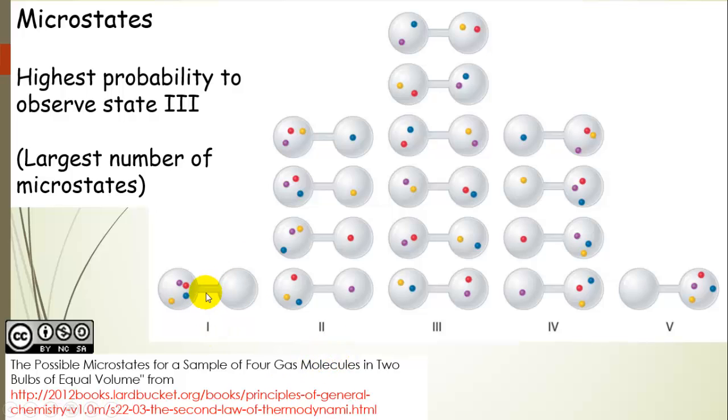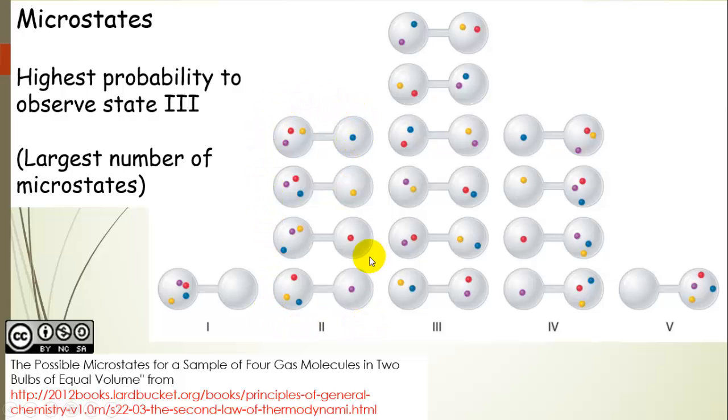So if we allow only one particle to come over here, then let's say we want to allow the purple one, then we have another microstate. Let's say we want the red one over here, but we still have 3 in this side. That's another microstate. Here's another microstate with the yellow and then finally the blue.